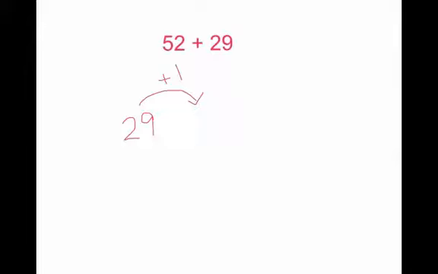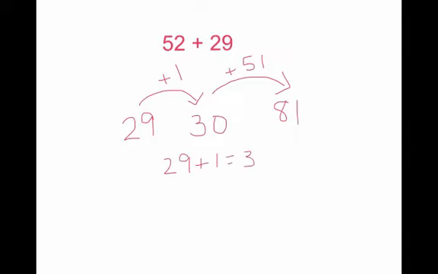I'm going to take 29 plus 1, and that equals 30. And then I know that I still need to add 51 more. 30 plus 51 is 81. So 29 plus 1 equals 30. 30 plus 51 equals 81.